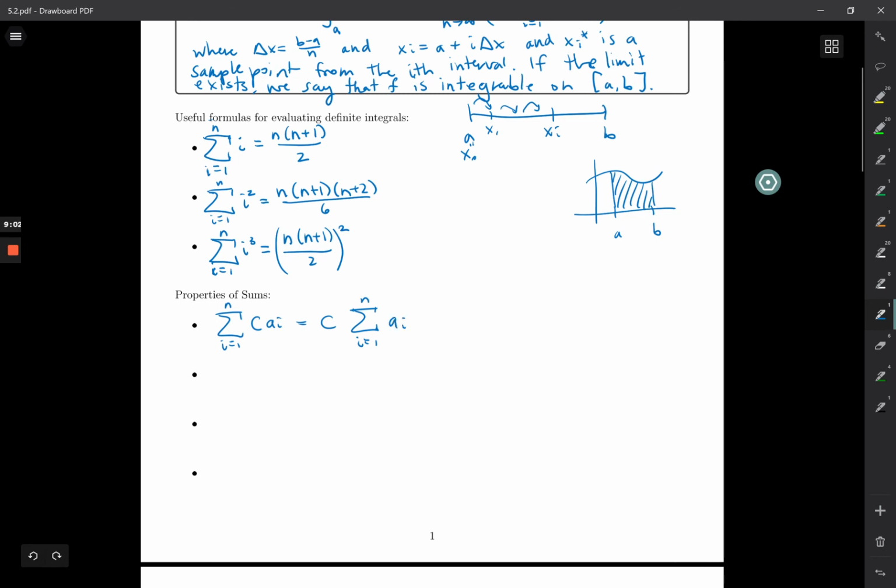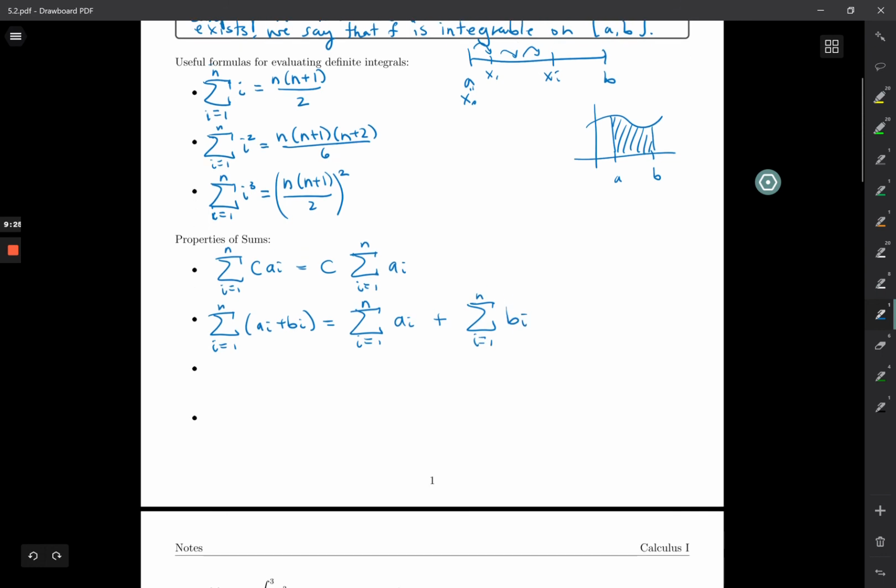And then if you have the sum from 1 to n of a_i plus b_i, we can rewrite this as the sum from i equals 1 to n of a_i plus the sum from i equals 1 to n of b_i, right?